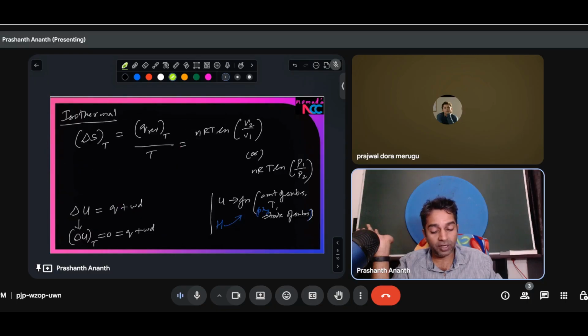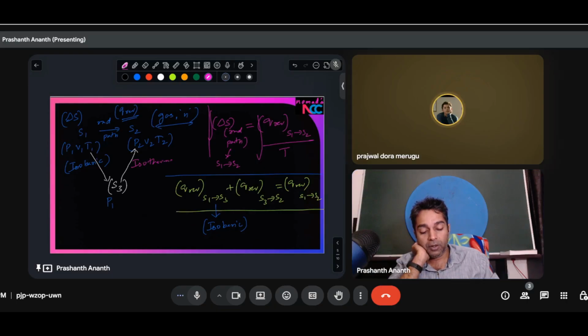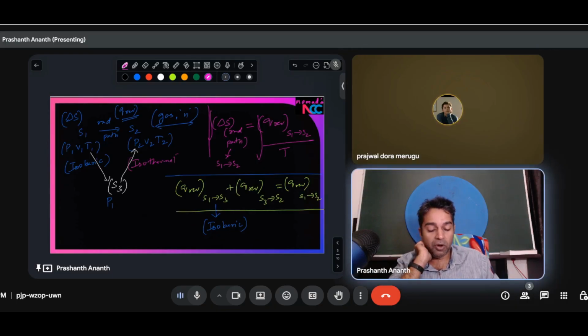Okay, now we go back to the random path. In that random path, I'm going to make the first path an isobaric path. But the second path, I am going to try to keep as an isothermal path. Why? Because I need to not just know one state for system S3.